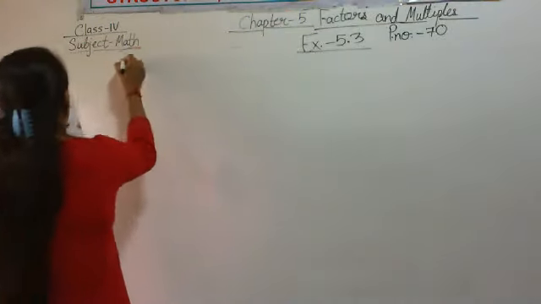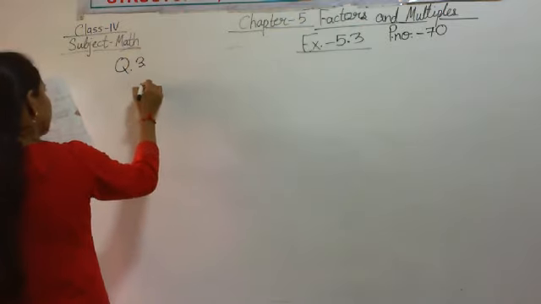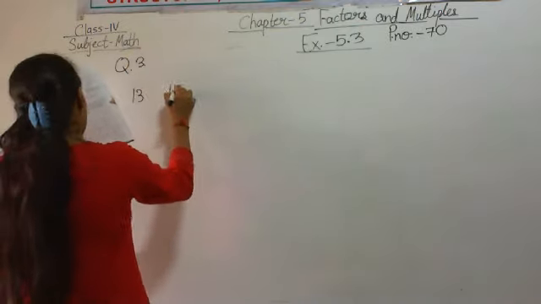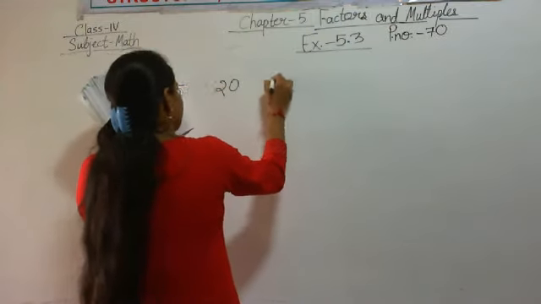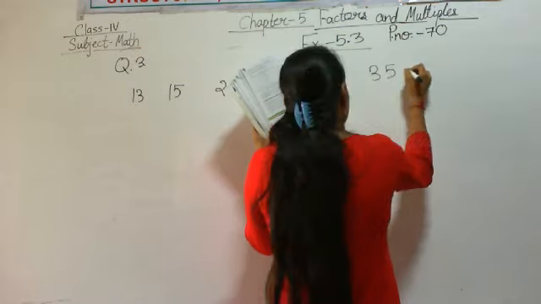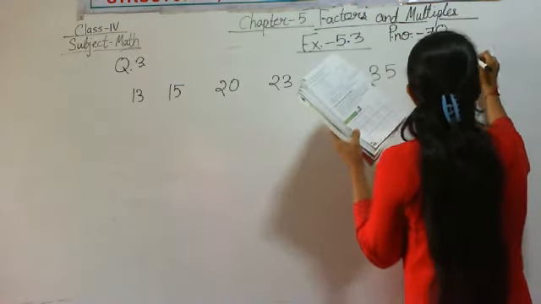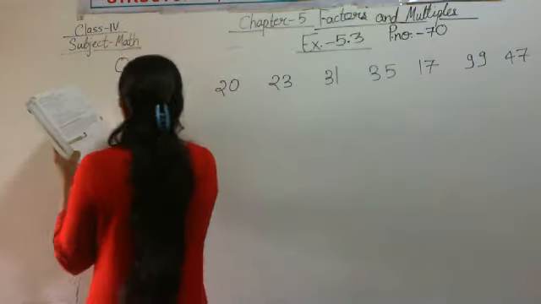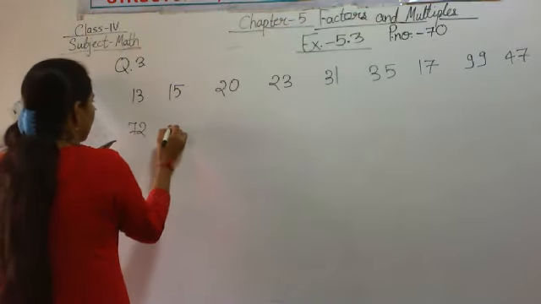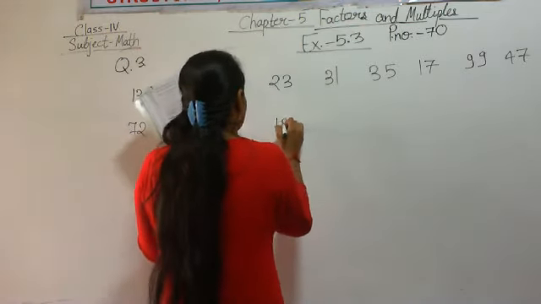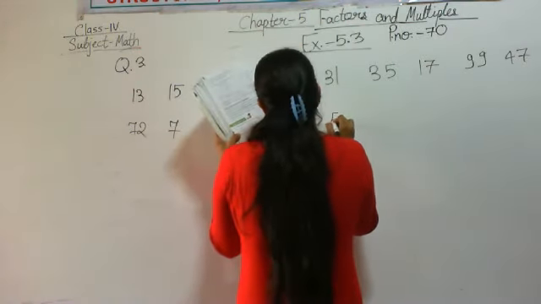Question number 3. Two rows are given with some numbers.